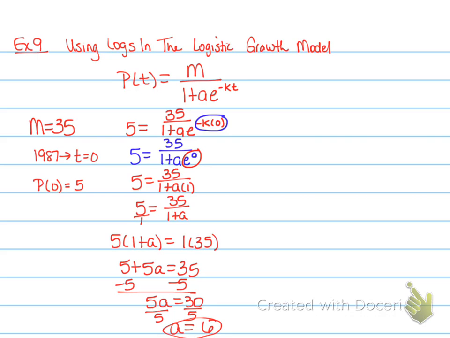Now, we want to know the average growth rate, K, of the population, given that the population was 6 billion in 2003. So now we're going to switch over here. Now we know that M is still going to be 35 billion.